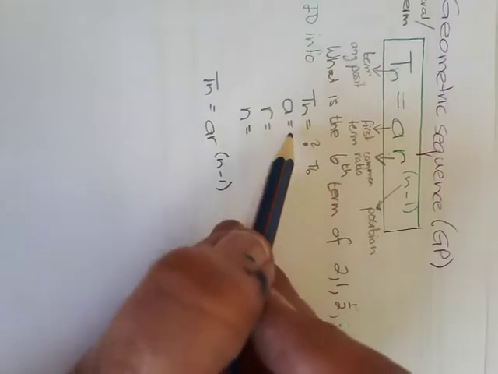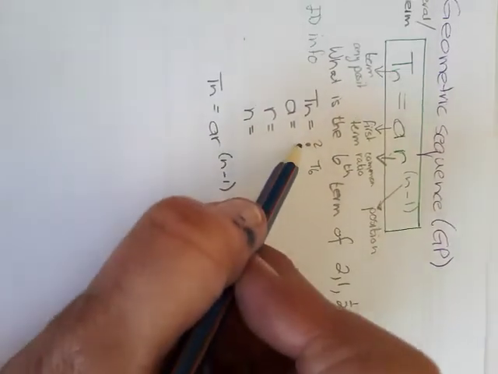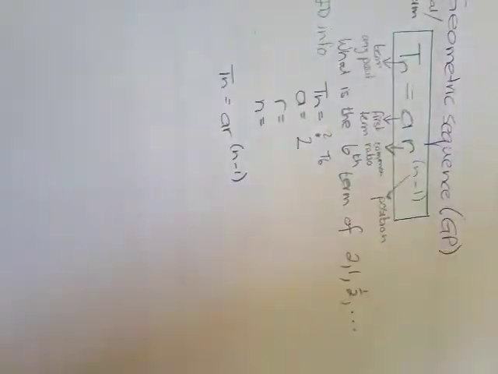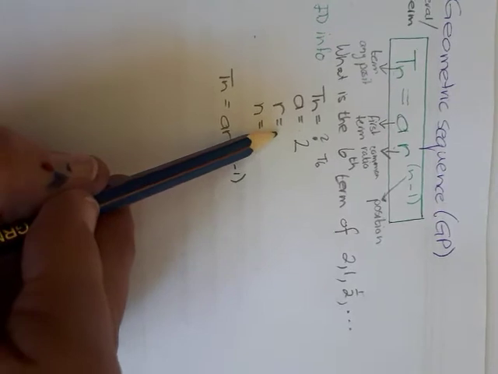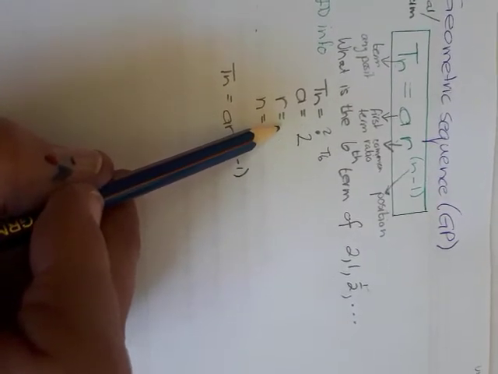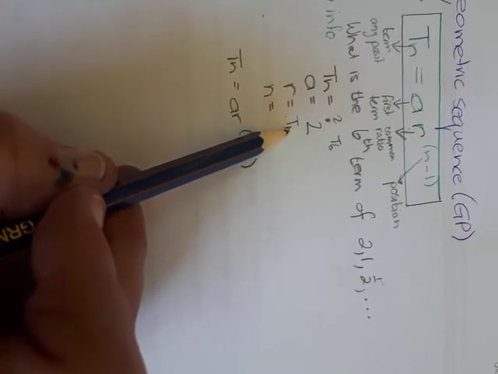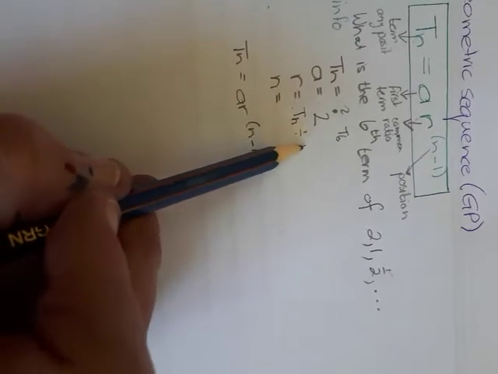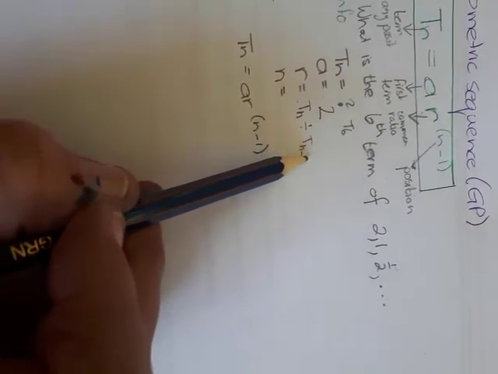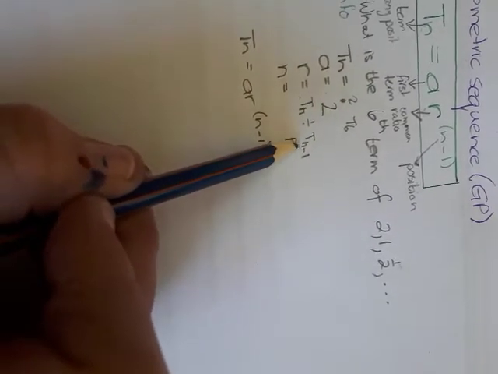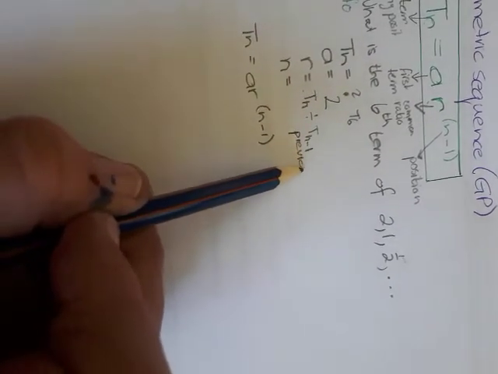A is the first term which we got, which is 2. The ratio is not yet given, but we can work that out. Remember, we work it out by Tn divided by Tn minus 1, where this one is the previous term.